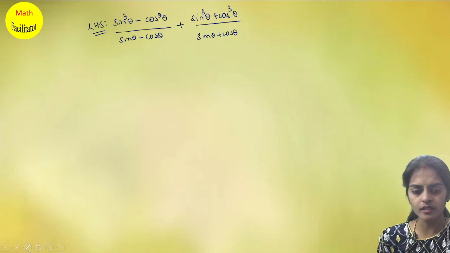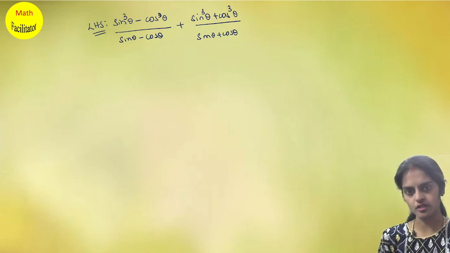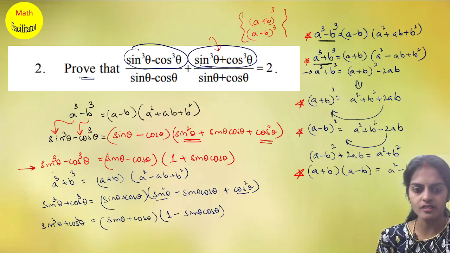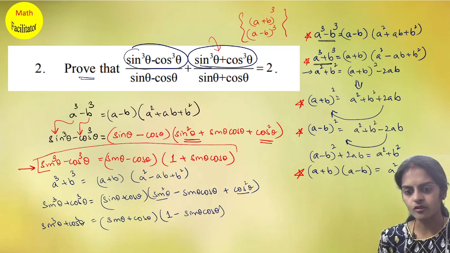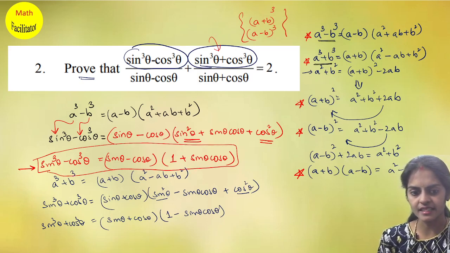But we already know the values of the numerators. Sine cube theta minus cos cube theta is sine theta minus cos theta into 1 plus sine theta cos theta.